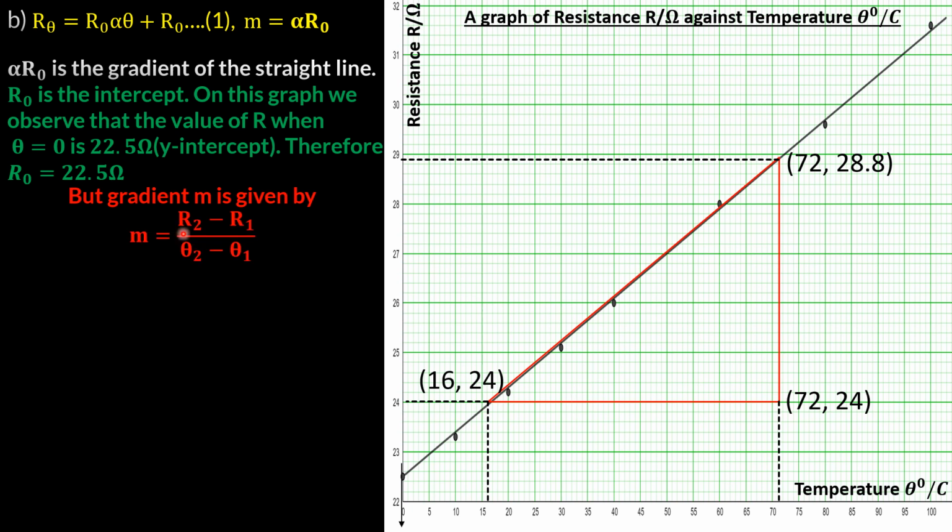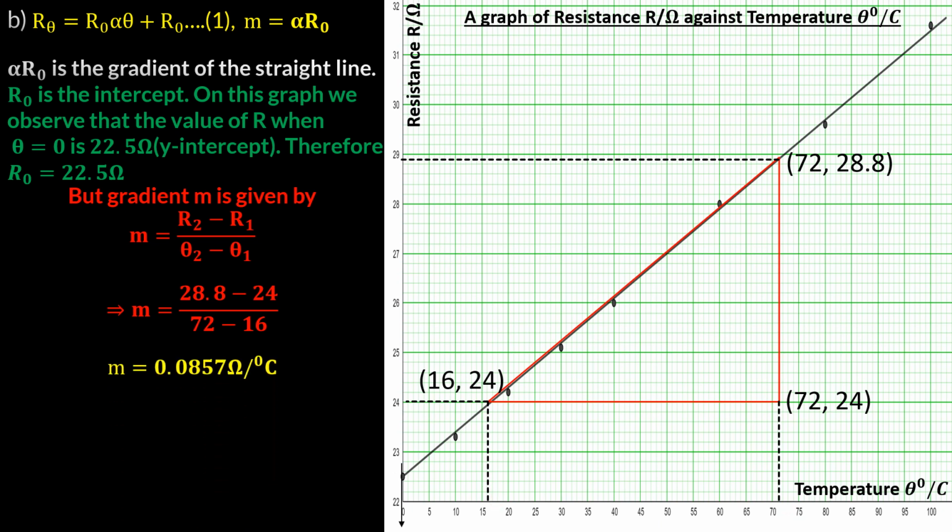So we get it as R2 minus R1 divided by theta 2 minus theta 1, which gives us the point R2, that is this point 28.8 minus 24, divided by 72 minus 16.